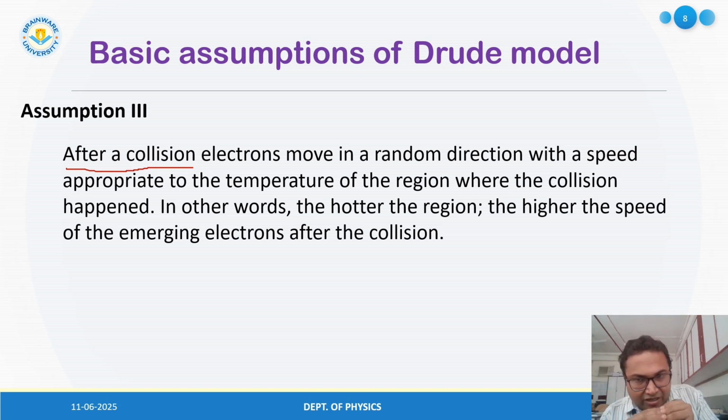So after every collision, an electron emerges with a new speed, independent of its previous history. It only depends on the regional or local temperature of where the collision happens. If the temperature is higher, then the electron will have a high speed after collision. If the temperature is low in that region, then the speed is much less. So that is the third assumption.